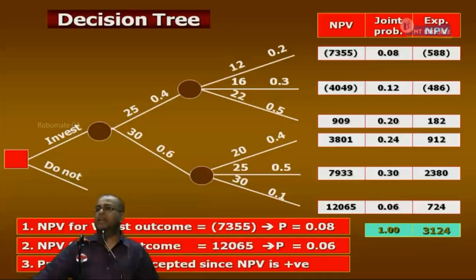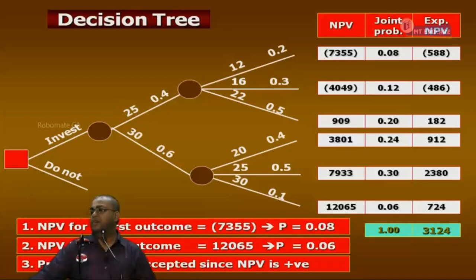Linked by and: multiply the probability of the events. This is point number 1. Respond yes or no?